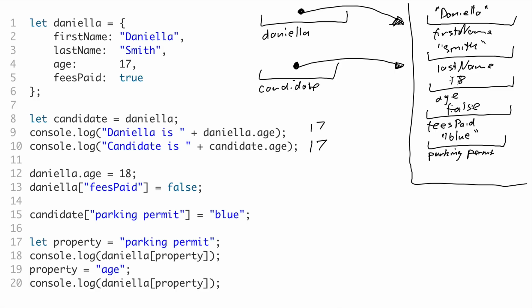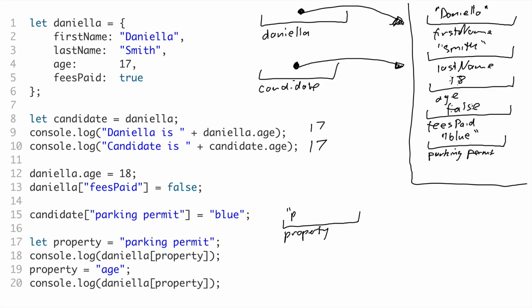The other useful thing that we can do with the square bracket syntax is we don't have to use a string literal. We can use a variable, and the variable can contain a string. So as long as the value within the square brackets evaluates to a string, that's completely fine. So on line 17, we create a new variable called property.